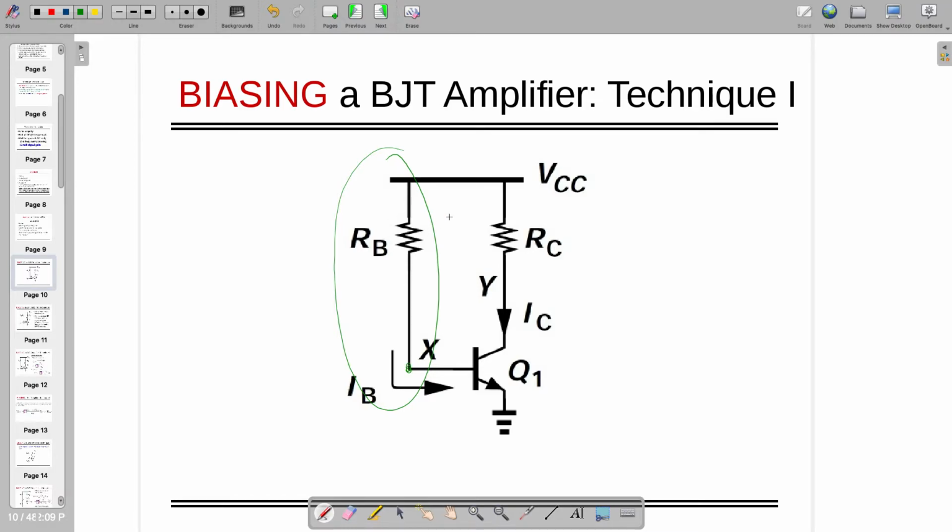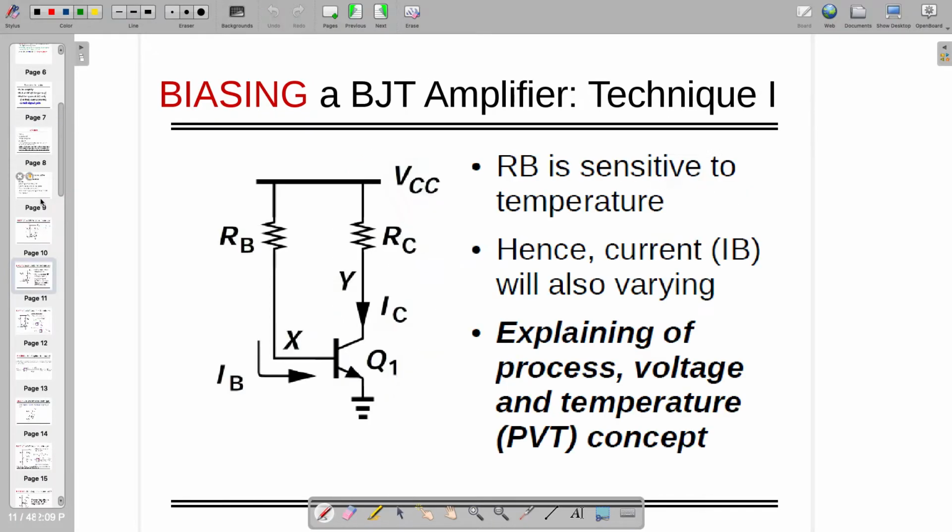If I am making VCC minus VX divided by RB as current IB, that is fine, right? I can supply IB current from here, but is there any problem here? Yeah, PVT problem, because this RB is actually temperature dependent, right? So it's not a good thing.